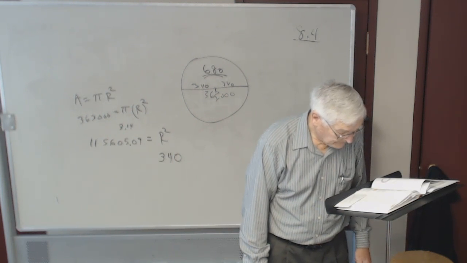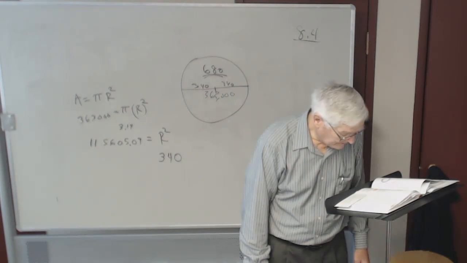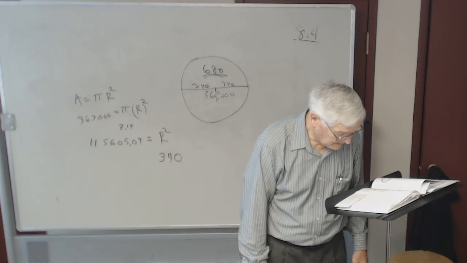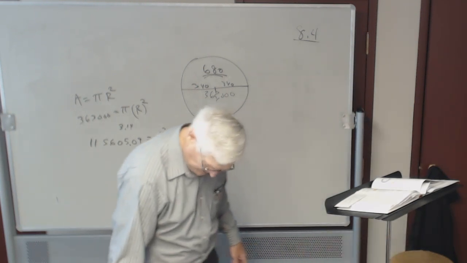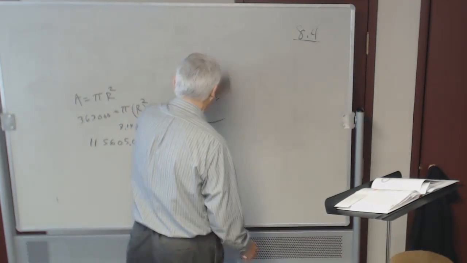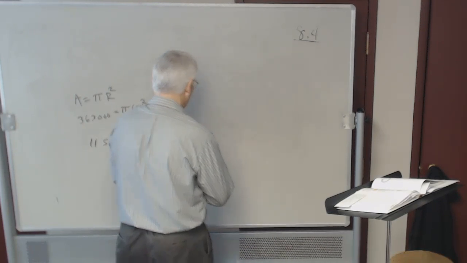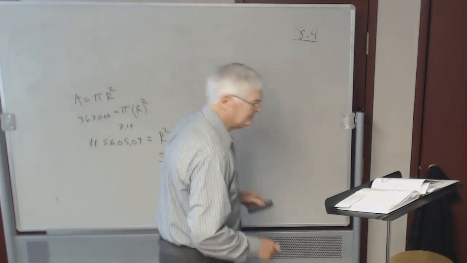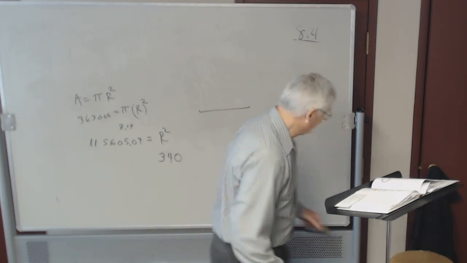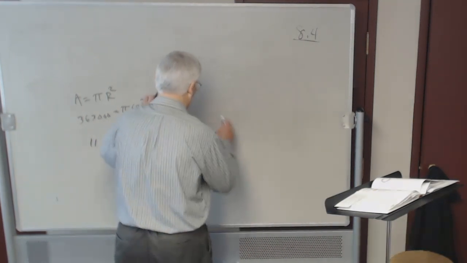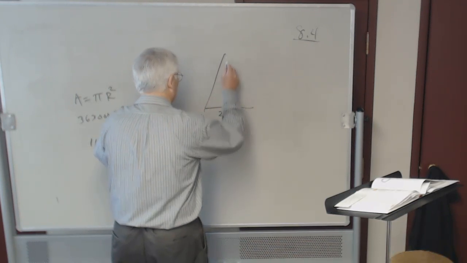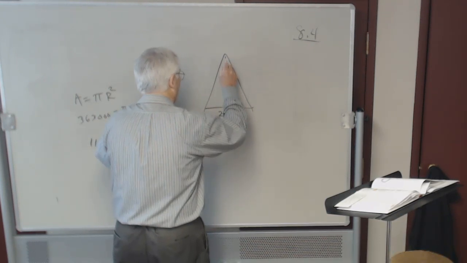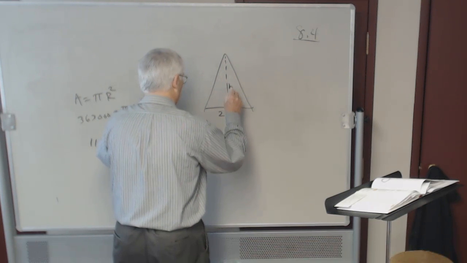Number 30, it's the same kind of problem, so let's go to number 32. Find the height of a triangle with an area of 70 square inches. Here's a triangle whose base is, what did they say? The base is 20. It's a triangle, and the height is what they want me to find.